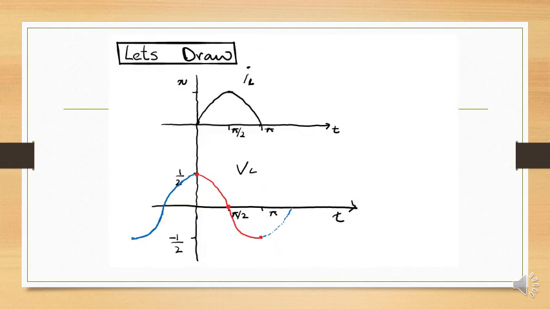Final task is to plot this waveform. This is our input, IL, it's a sine wave. At 0, we got 1 by 2, when our t was 0 in our output waveform.